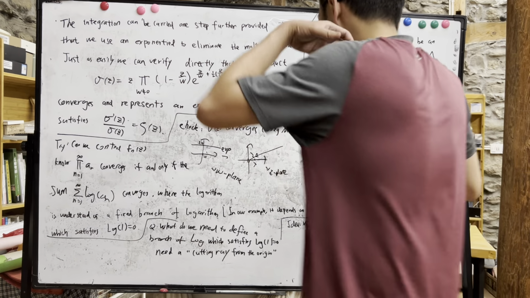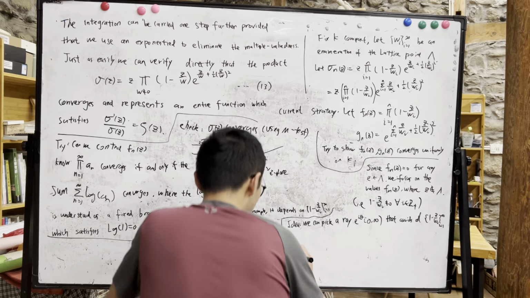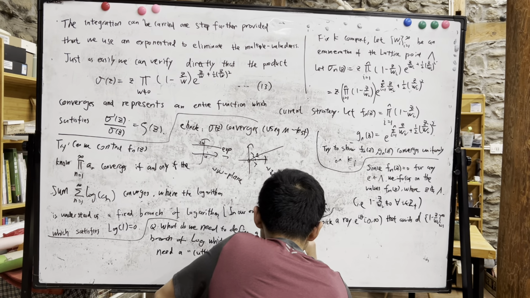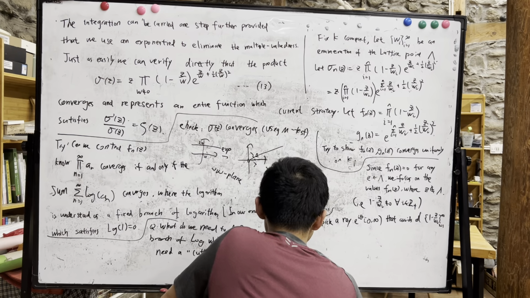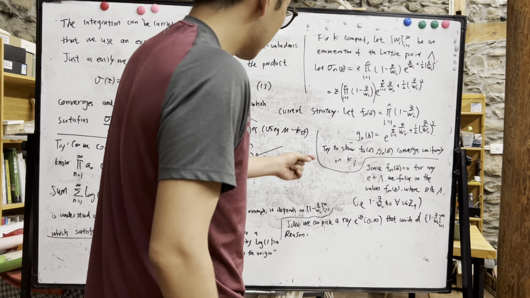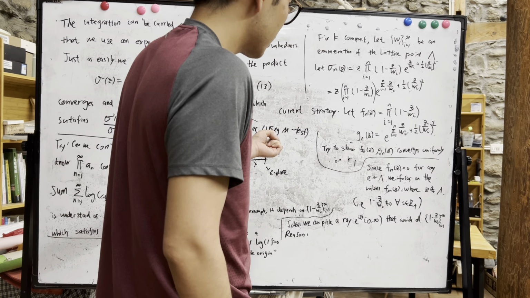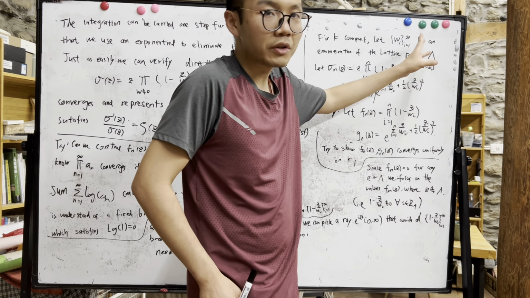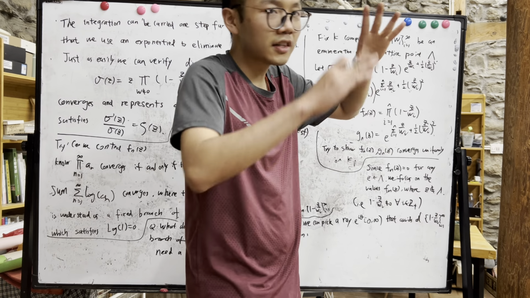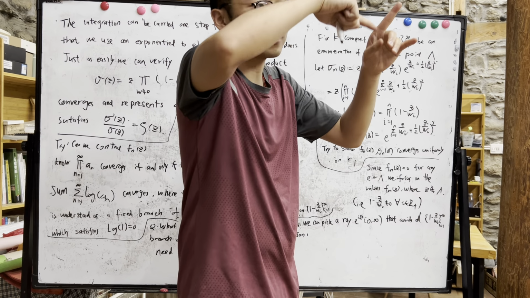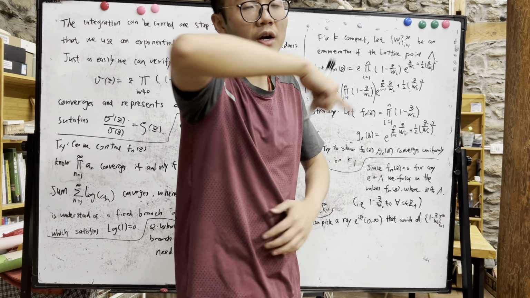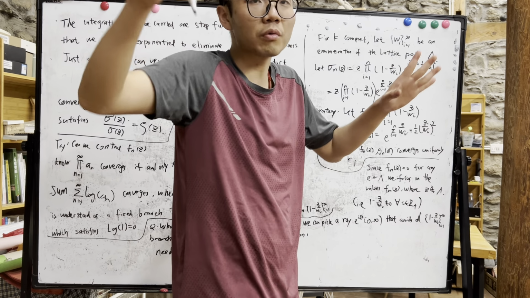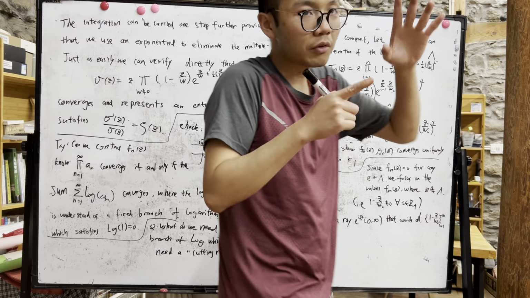And the reason for that is because we know from this enumeration that when this i is getting larger and larger, the omega_i is circling further and further away from the origin.